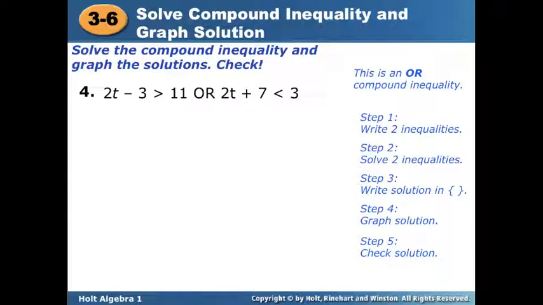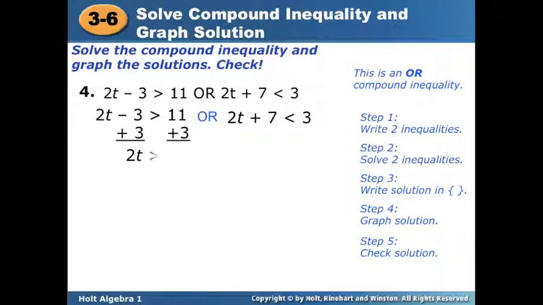Let's check our solutions. You should have added 3 to both sides of the left inequality. We have 2t is greater than 14. You then will divide by 2. So first we find our solution t is greater than 7. Now subtract 7 on both sides of the second inequality.